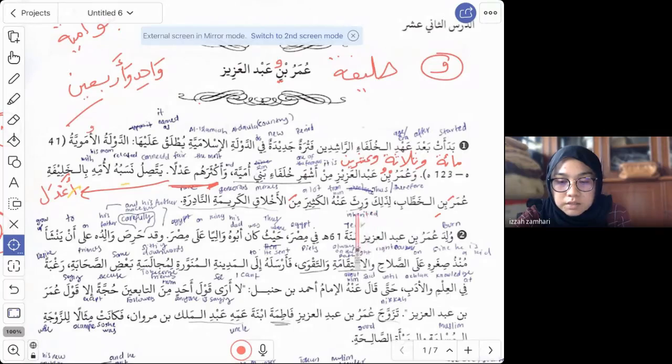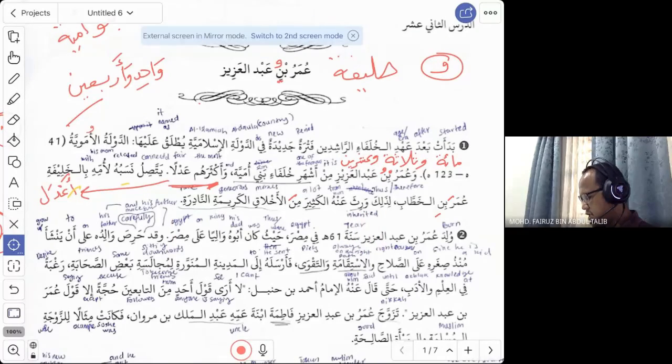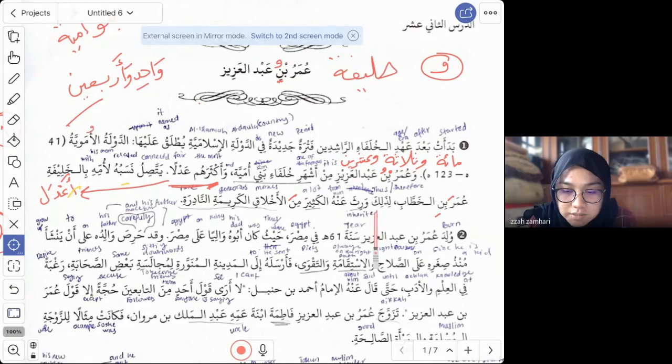Lizalika means thus or therefore. Again, read until the end first. Okay, lizalika means therefore. Waris, inherited. Anhu, from him. Al-kathir means a lot.